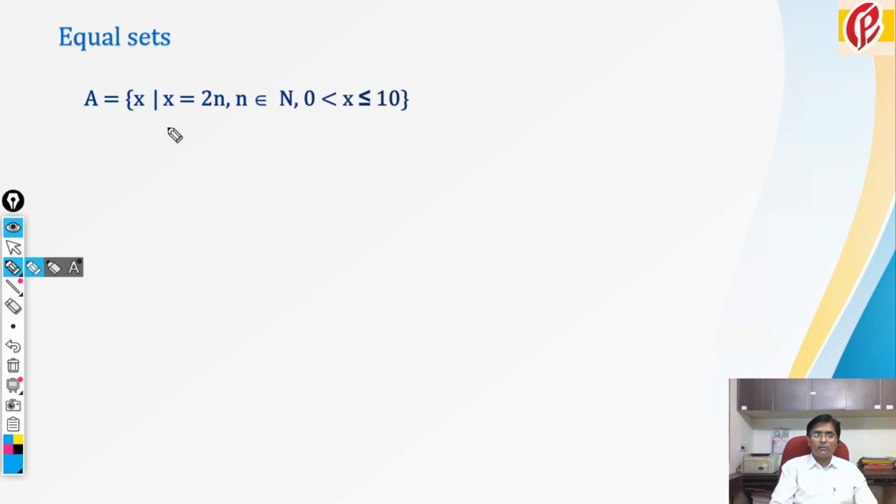How to find the elements? See, x = 2n, this formula is given. Now n is a natural number. Natural numbers mean 1, 2, 3, 4, so we take 2 into 1, 2 into 2, and so on. 2 into 1 is equal to 2.